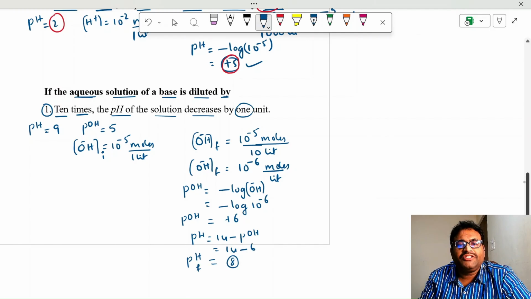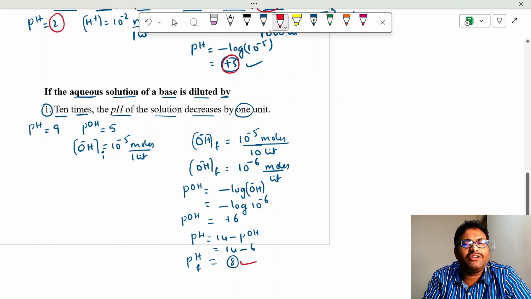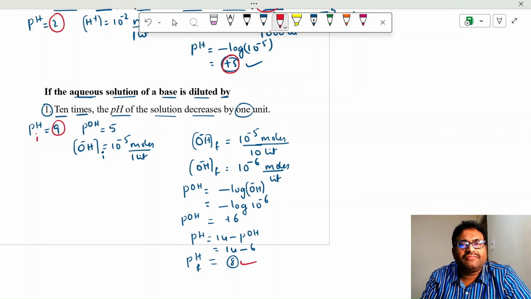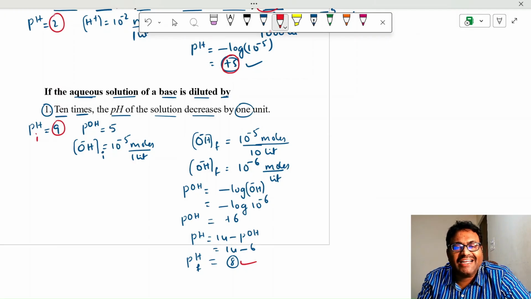So after dilution, the pH has become 8. Before dilution, the pH is 9. Are you finding a decrease in the pH by 1 unit? Yes, there is a decrease in the pH by 1 unit.